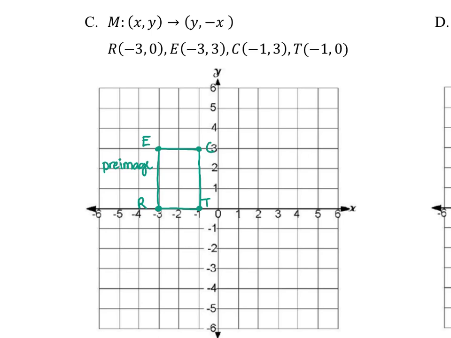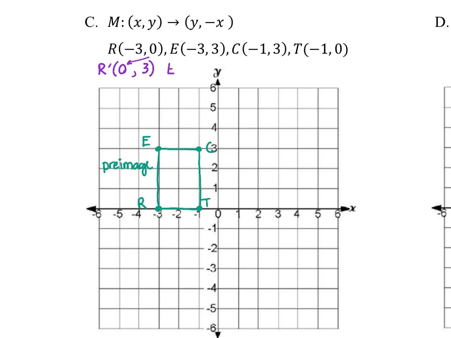Pre-image is graphed and labeled, and now we're going to come up with the coordinates for the image. So for R prime, what was the y coordinate is going to become the x coordinate, so we'll put the 0 in that position. And then the new y coordinate is going to be the opposite of the old x coordinate. So our x coordinate is -3, that means our y coordinate is going to be 3.